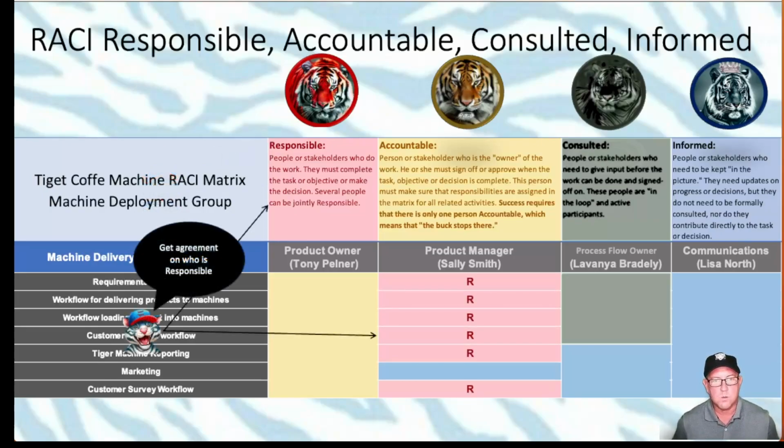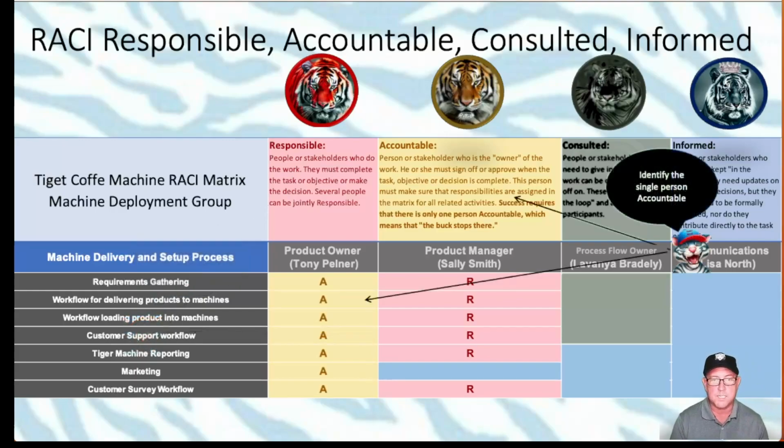All right, so the first thing we're going to do is we're going to get agreement on who's responsible. All right. And in this example, the product manager, Sally Smith, she's responsible for most of the tasks. That's why she has an R by all these tasks.